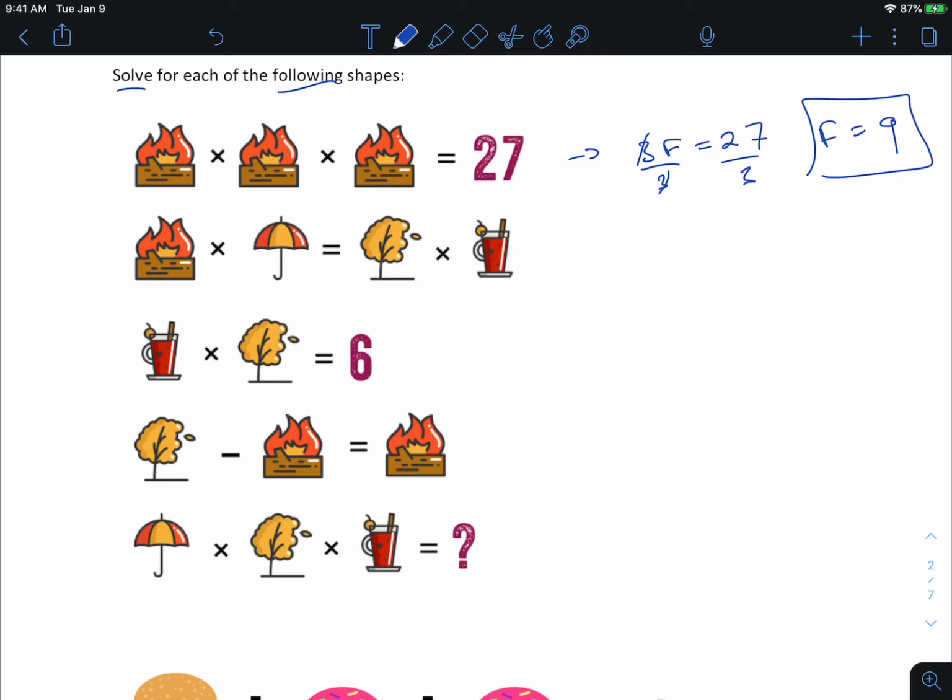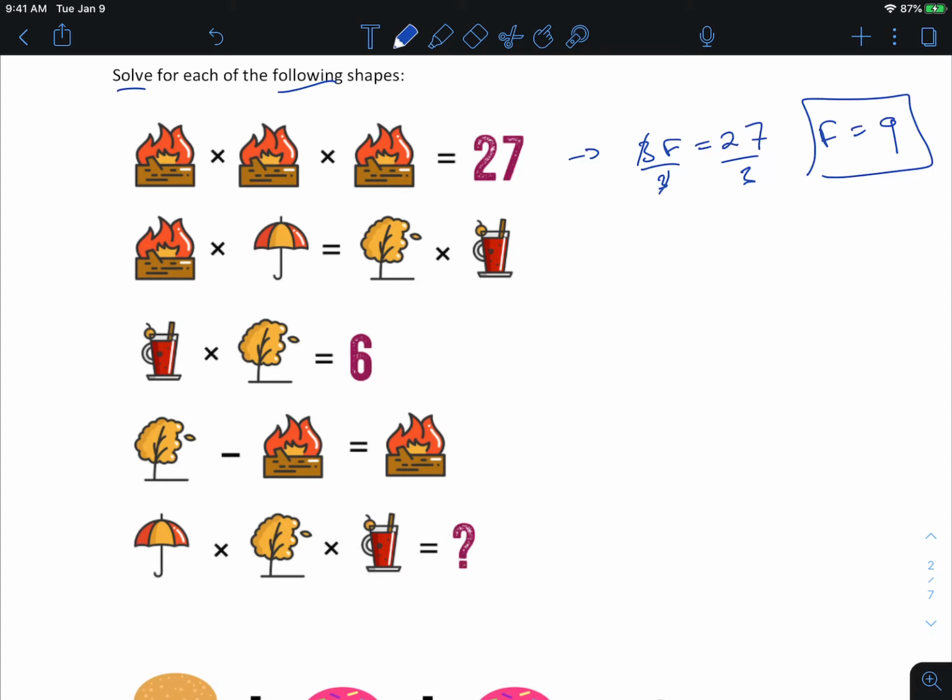You could figure it out, but you'd hit a roadblock because you wouldn't know which one's which. So then you'd look at a different equation. Is there a way for you to figure out what a tree is based on the fact that a fire is 9?